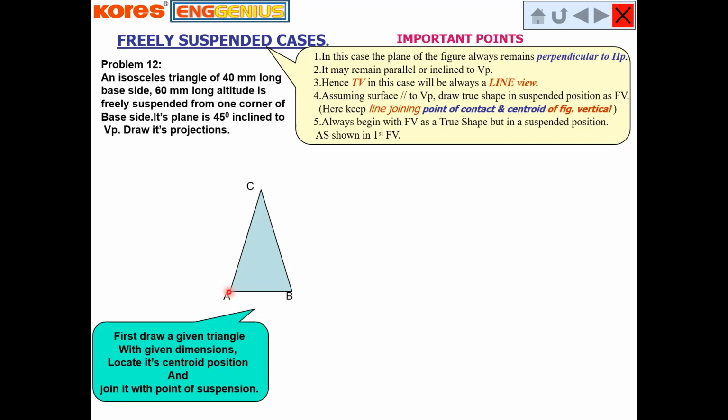After that, one more condition is given: the plane has a 45-degree inclination with the VP. With this given condition, we need to draw the projection.